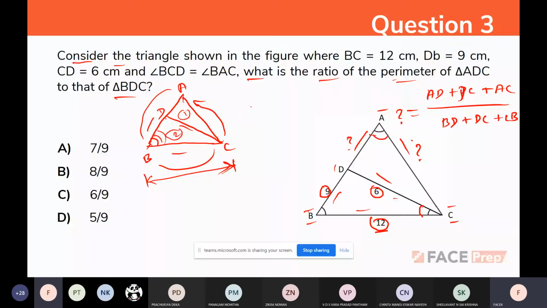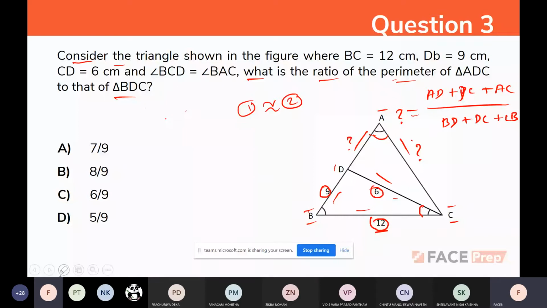So how can we apply the similarity rule? Now we can write: angle B is the common angle, and let's take the given condition. Triangle BCD is similar to triangle BAC.